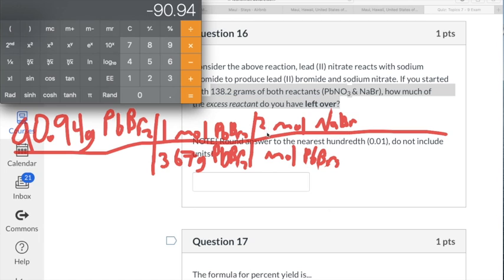So that's a 2-to-1 ratio. And then I can write down my moles of NaBr to grams of NaBr, and I wrote that down, which is 93.91.